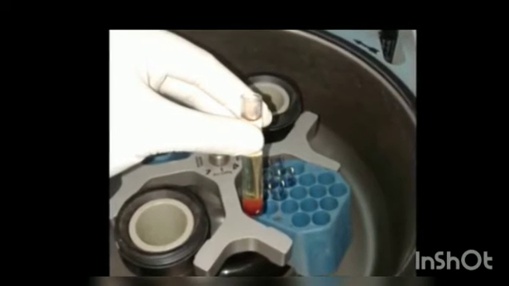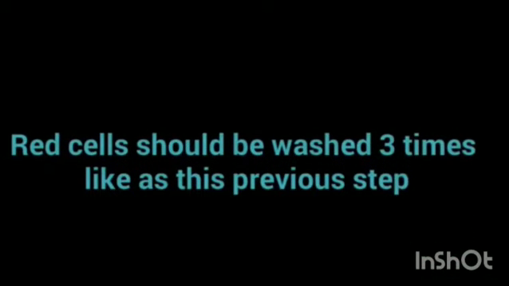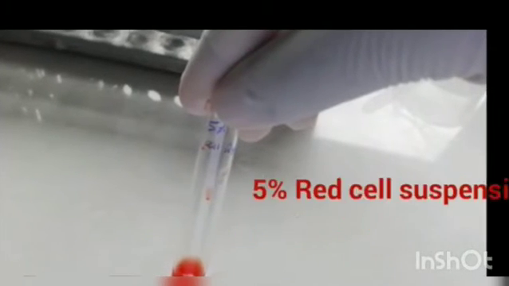As you can see, you have to decant the supernatant, and you have to repeat this procedure 3 times, as we've seen in the procedure for preparing red cell saline suspension.